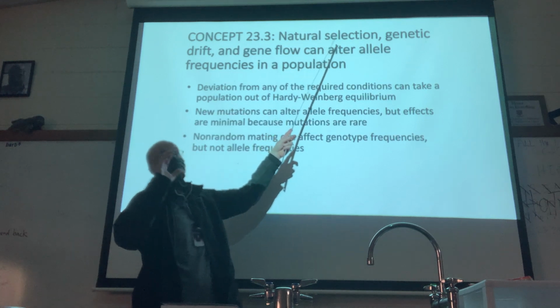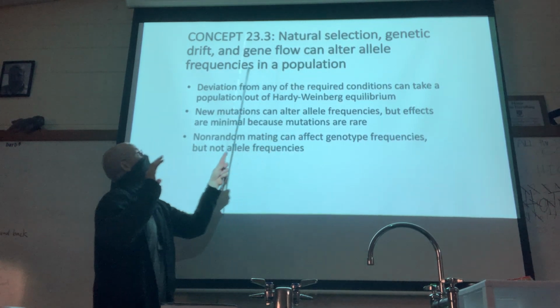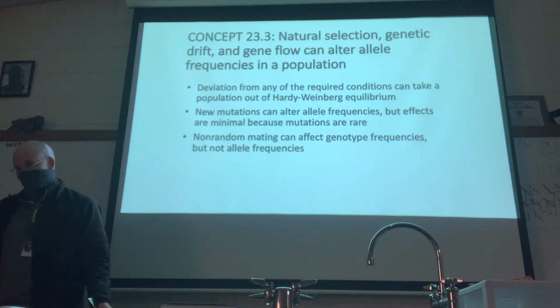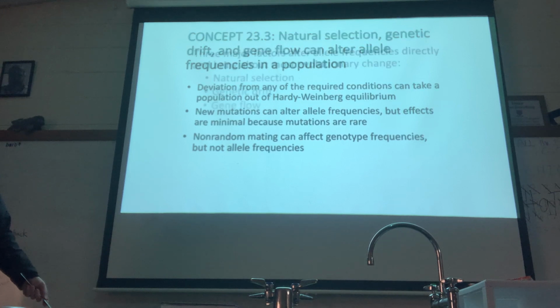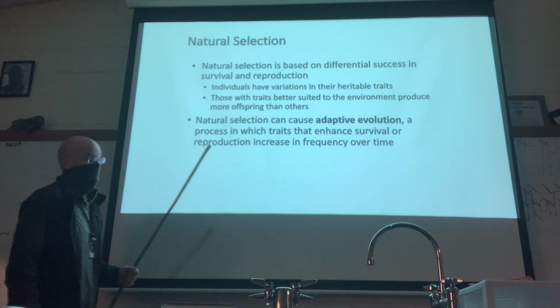I want to look at these three. So we're going to look, I've already talked about it a little bit, but I'm going to look real quick at natural selection and then drift and flow. And this next slide just lists them again. That was a little bit more repetitive than I thought it would be. But natural selection first.